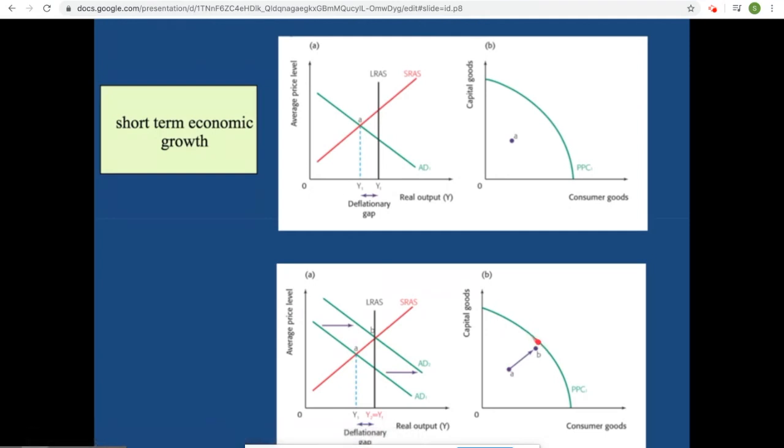So, this is a beautiful diagram to show this side by side that it's increasing and it's moving closer and closer to maximum employment of resources, and it's probably at full employment of resources, where in this diagram you can see that AD2, SRAS and LRAS are all intersecting at the point B, which shows us that it's at potential output, right? So you can show these two diagrams side by side and they show us short-term economic growth.